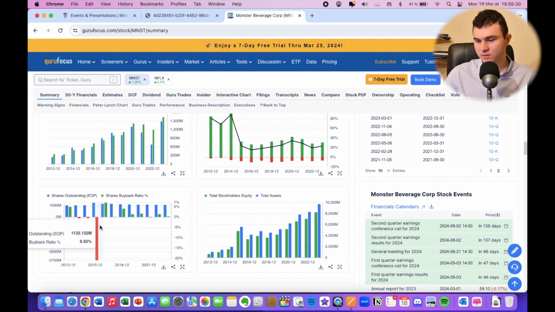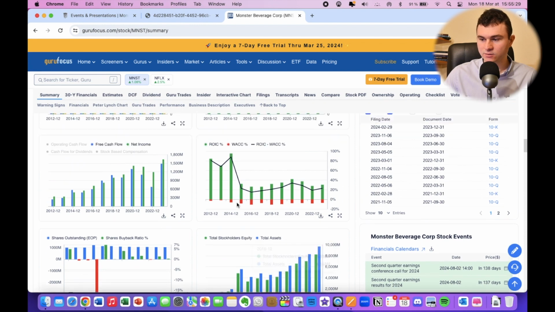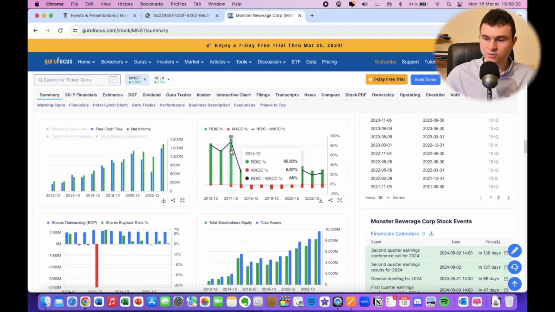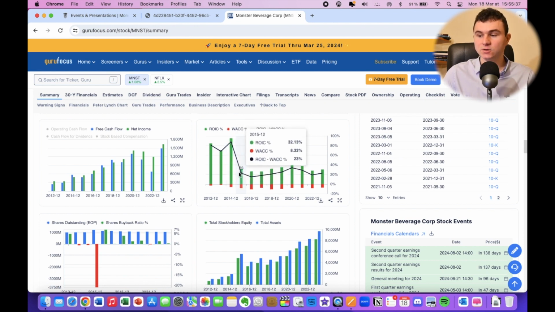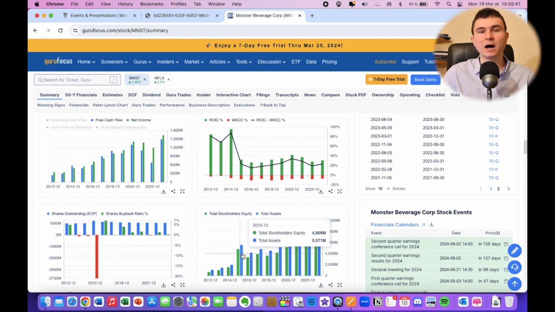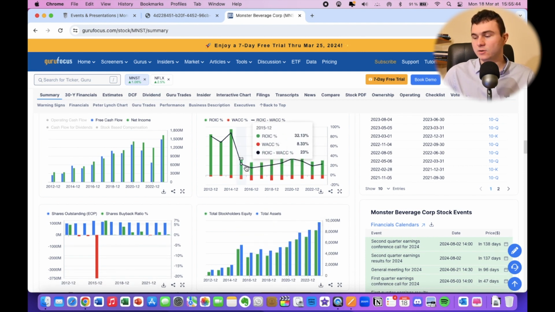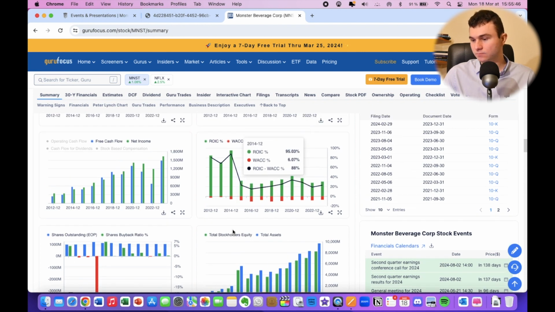And what is happening here in 2015? In 2015, you see that you have more assets. So I think they did an acquisition here. And that's also the reason why return on invested capital decreased, because the formula for return on invested capital is just a division. And if you increase your denominator, if you increase your assets, well, you get a lower ratio.